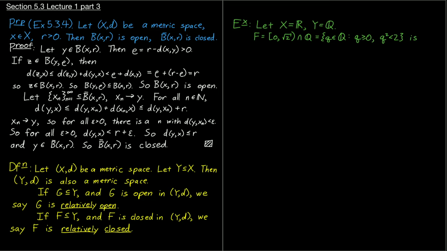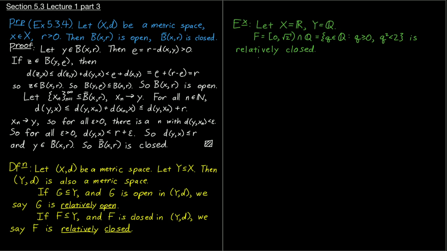That is relatively closed. We talked about this a little bit earlier in the lecture, but the point is all the subsequences in F that converge in Q, well, in Q they are not converging to the square root of 2 because the square root of 2 isn't in Q, so this counts as relatively closed.